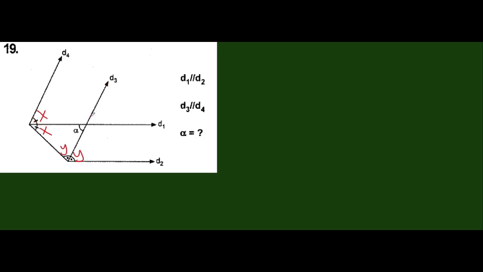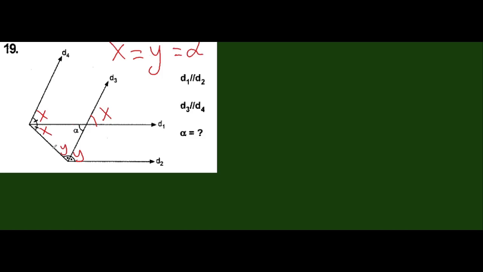Let's say that it is x, and also D1 is parallel to D2. So that's why this angle and this angle will also be equal. So it means that x equals y. And we can see that alpha is the vertical angle with x. It means they are also equal. So they will equal alpha.